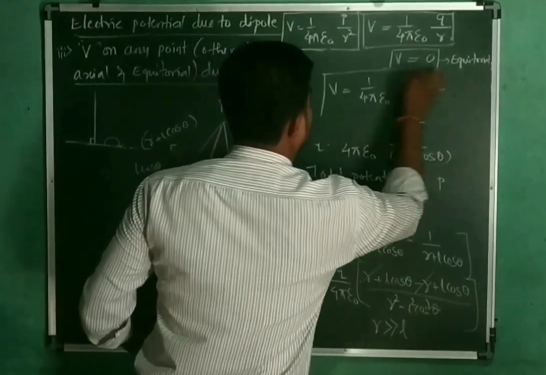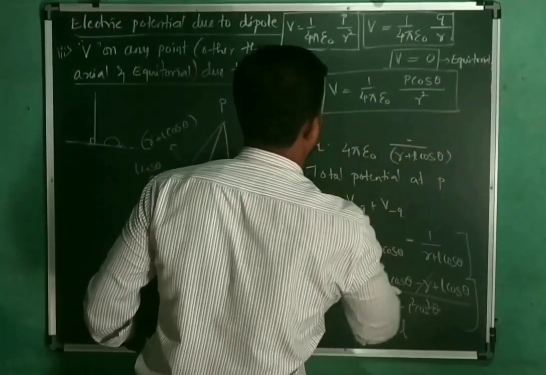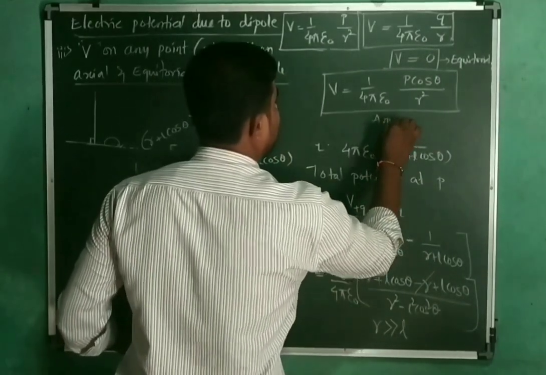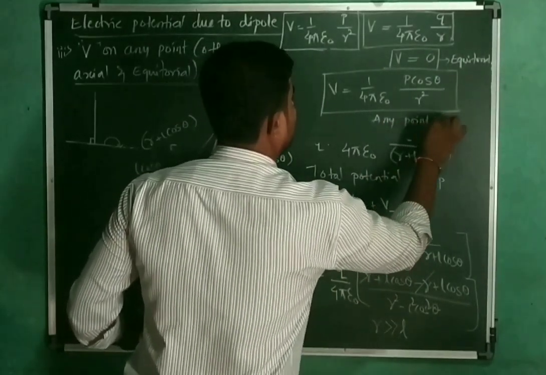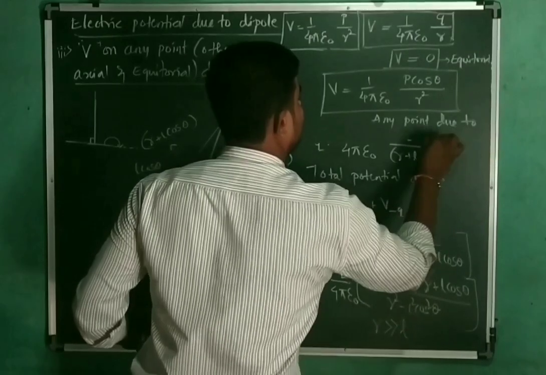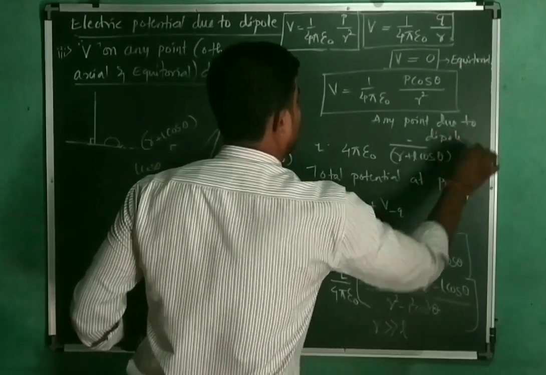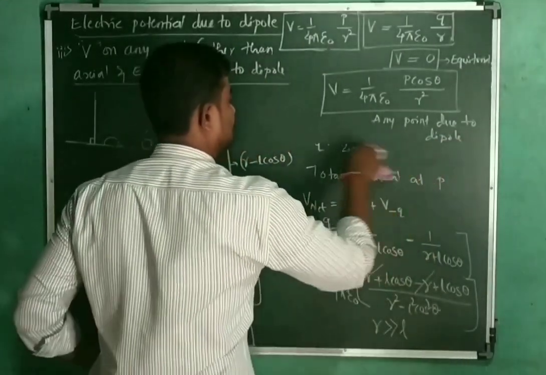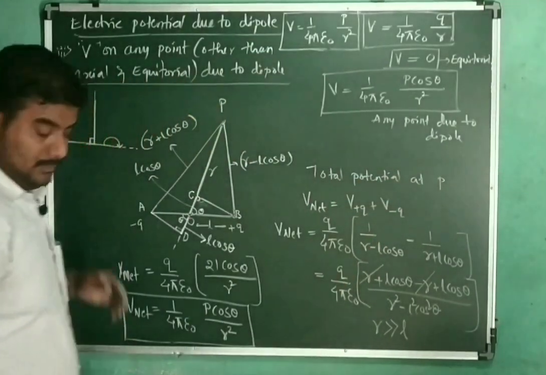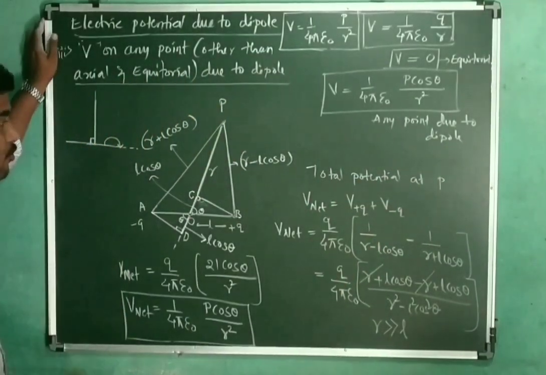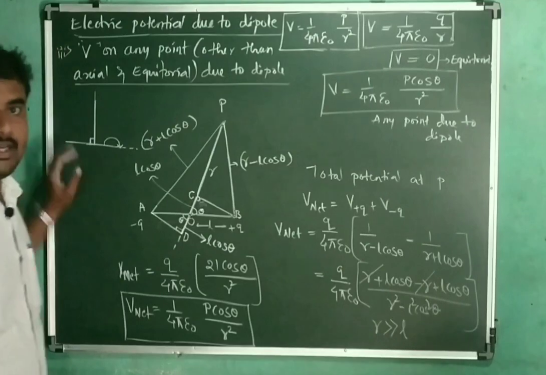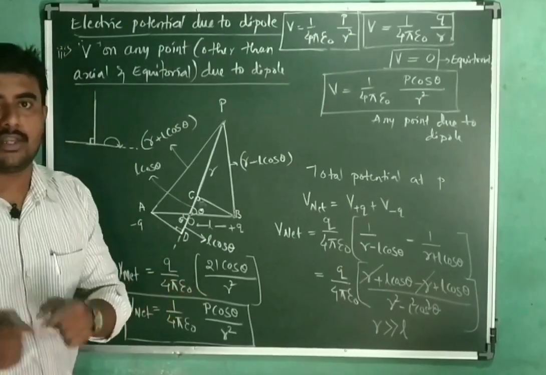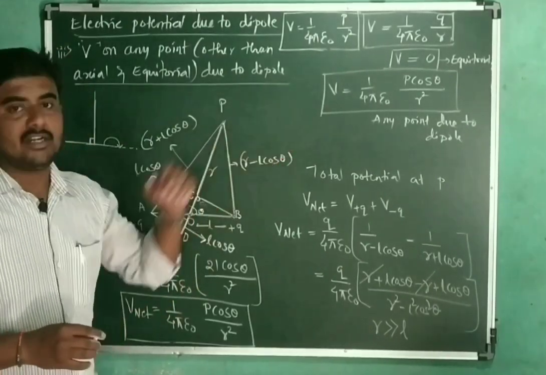This is any point due to dipole. So this is all about electric potential due to axial line, equatorial line and general case.